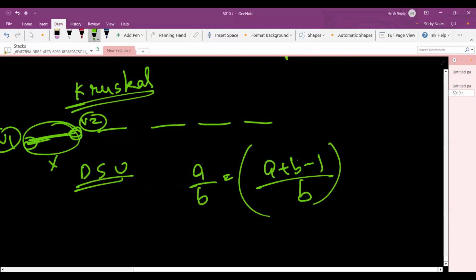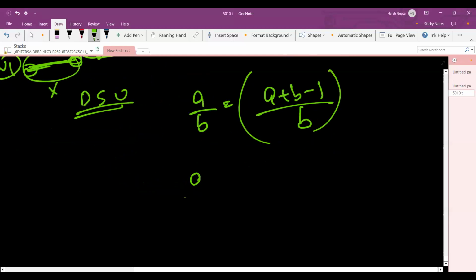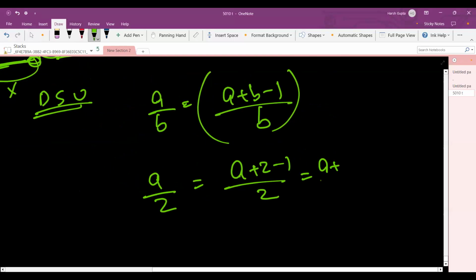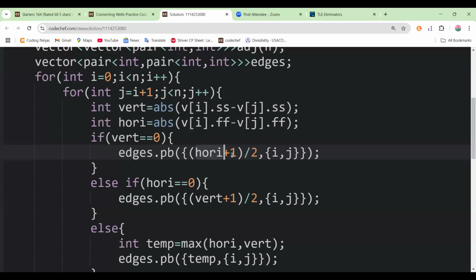Over here, I wanted to calculate ceil value of a by 2, so I am simply doing (a plus 2 minus 1) by 2, which is basically (a plus 1) by 2. So in my edges, my weight will be (horizontal plus 1) by 2, and this particular edge is between vertex i and vertex j.